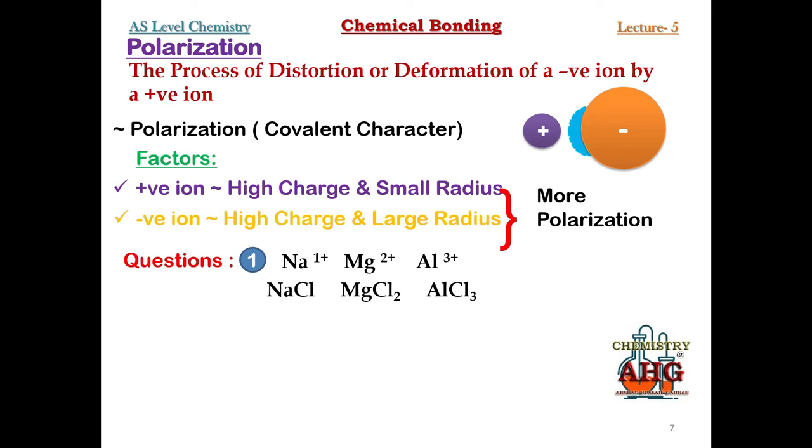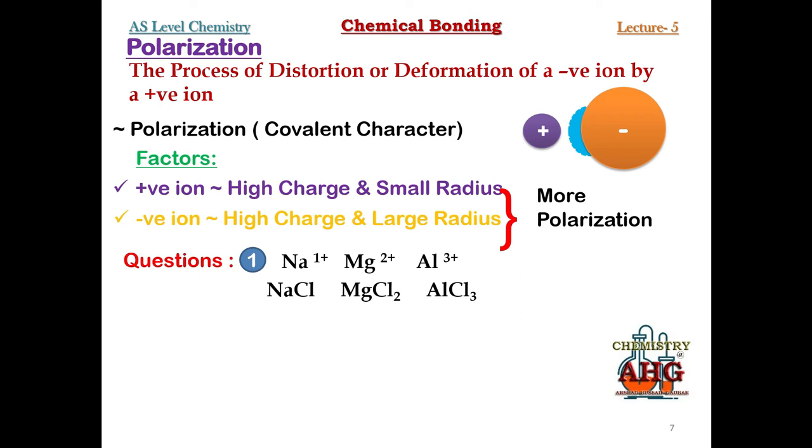So what you can remember, generally speaking, it is a fact, every ionic compound has polarization, every ionic compound has covalent character. But in these three compounds, sodium chloride would have slight polarization, slight covalent character. Compared to sodium chloride, magnesium chloride would have some covalent character, some polarization.